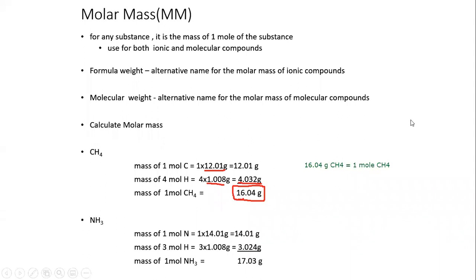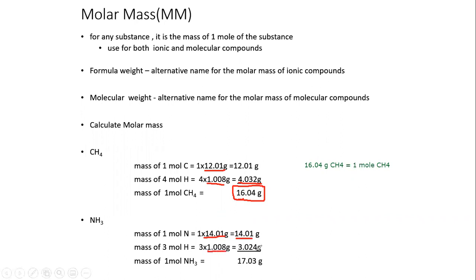If we look at ammonia, NH3, NH3 has 1 nitrogen, and if you go to the periodic table and look under nitrogen, you'll see it has a molar mass of 14.01. So we multiply it by 1, we get the contribution of nitrogen. Next, we have 3 hydrogens. Hydrogen has a molar mass of 1.008.